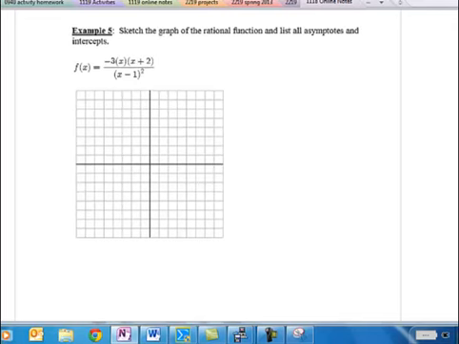Let's do one more here, and then I think I'll split this and do a second video for the rest of the examples here. So the next one, we've got x-intercepts, the zeros of the numerator.